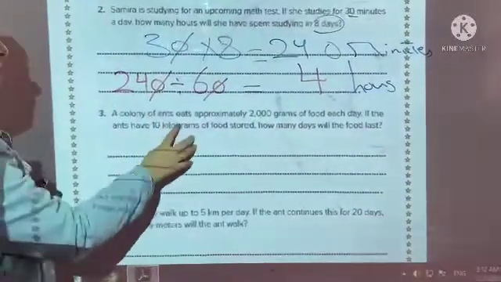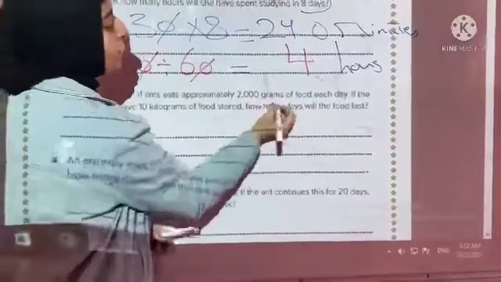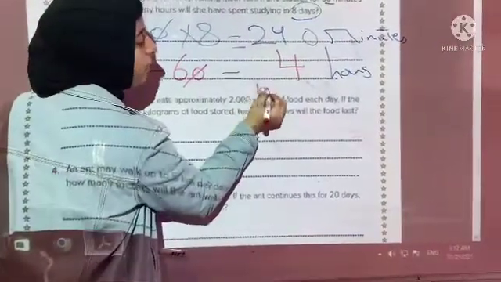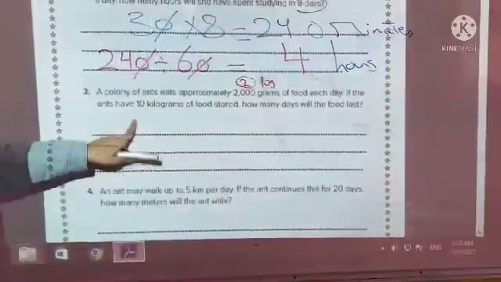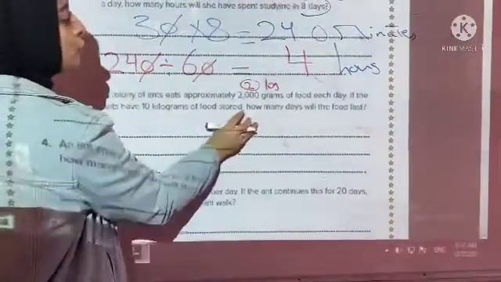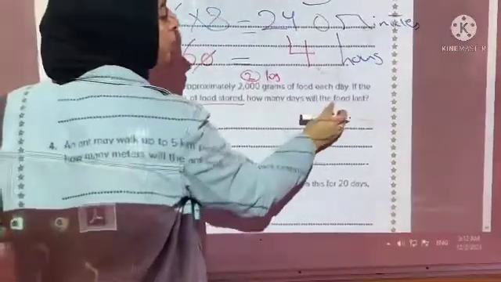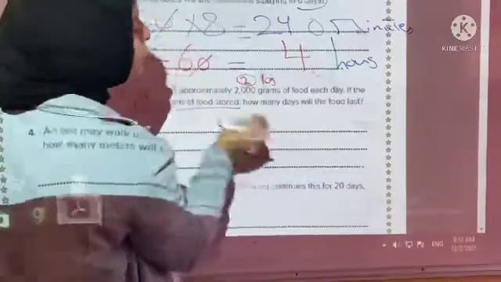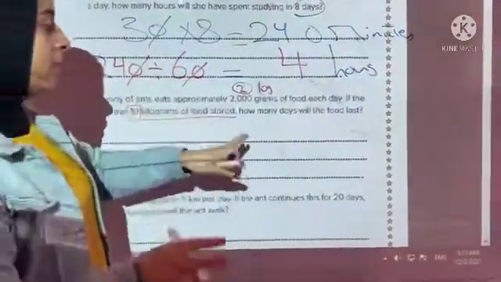A colony of ants eats approximately 2,000 grams. 2,000 grams means how many kilograms? Means 2 kilograms of food each day. If the ants have 10 kilograms of food stored, how long will it last? So a colony of ants eats approximately 2 kilograms each day.